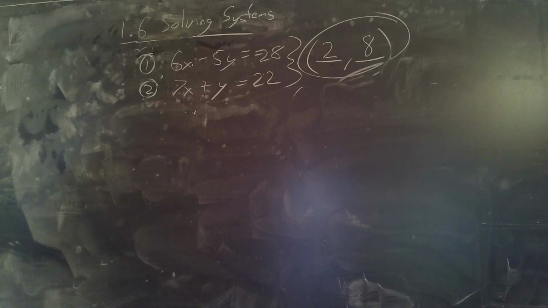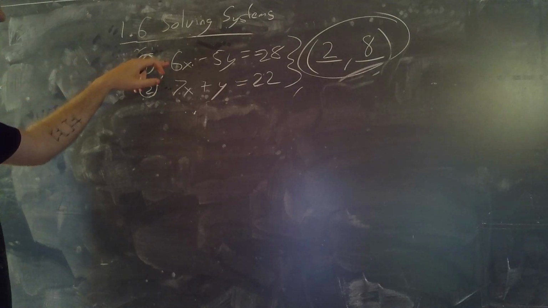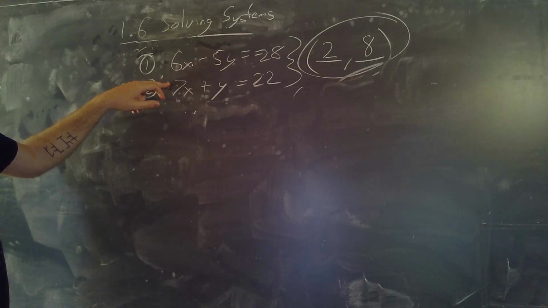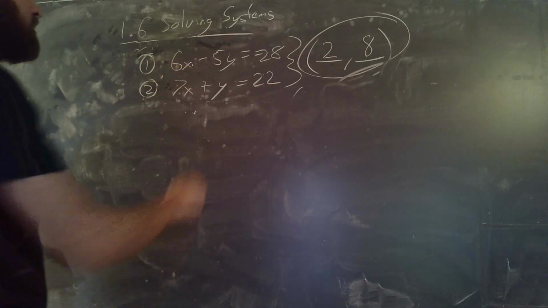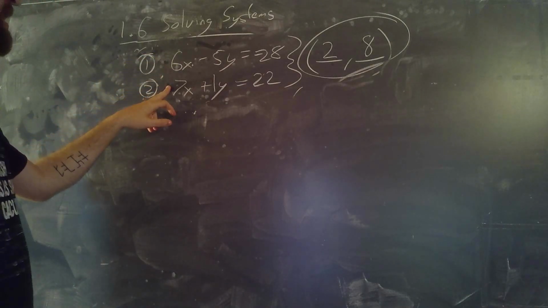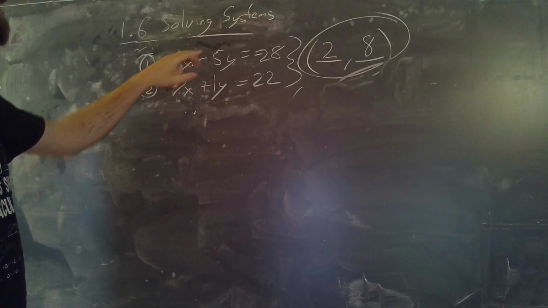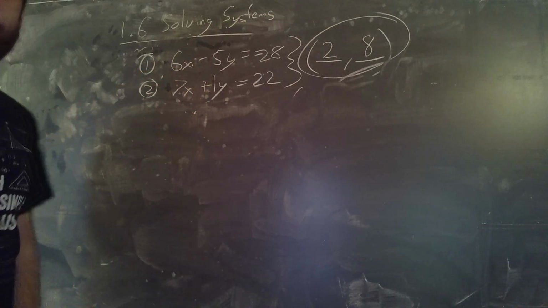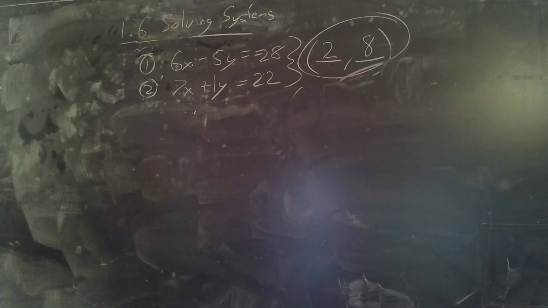Okay. So elimination, what we're going to do with it is we're going to look at the x numbers and we're going to look at the y numbers. So notice that I have a 6 and a 7 for the x's, and I have a negative 5 and a 1 for the y's.